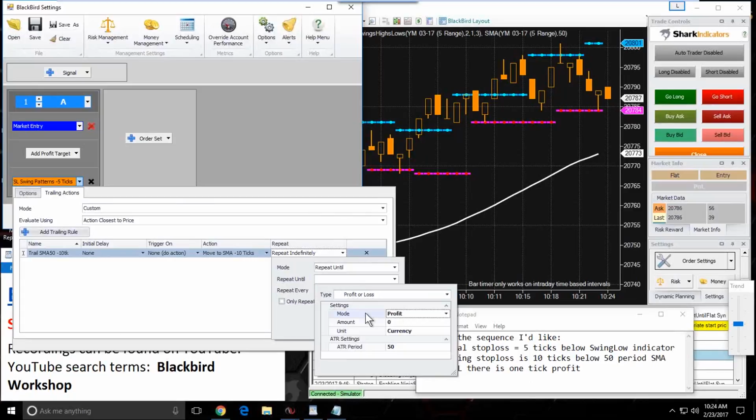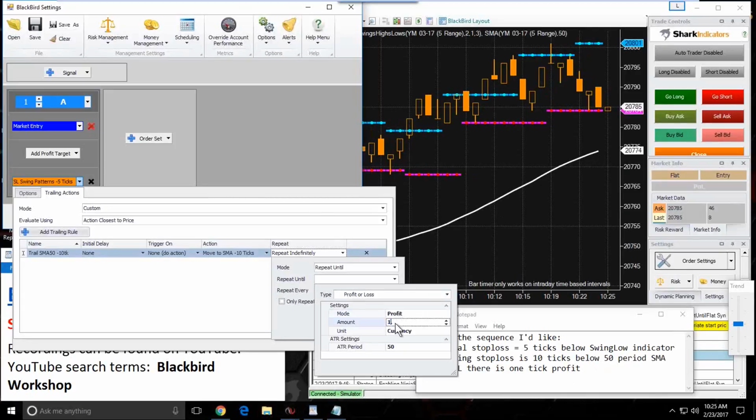By default, we're set to profit. The amount is one tick. And the unit is ticks, not currency. So let's move it to tick. There we go, so tick. And we can ignore the ATR setting because we're not using an ATR.